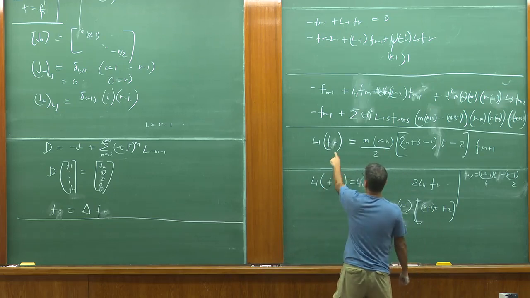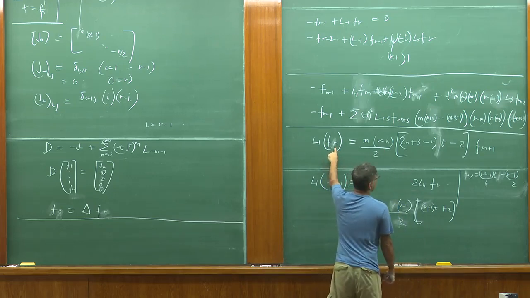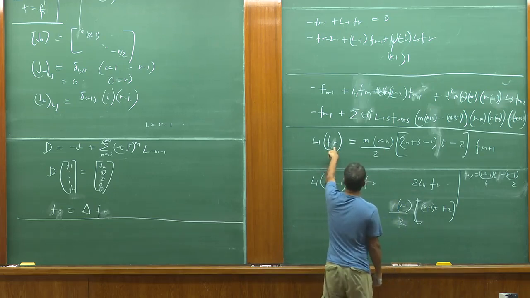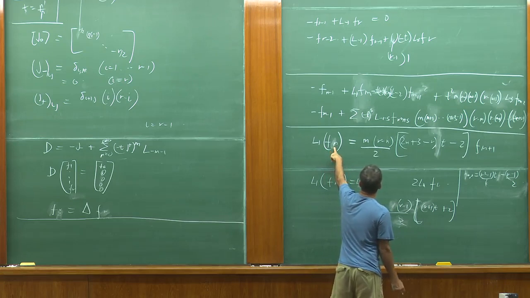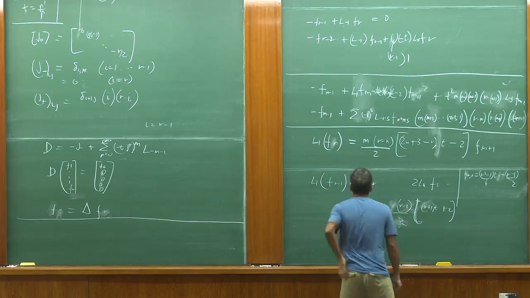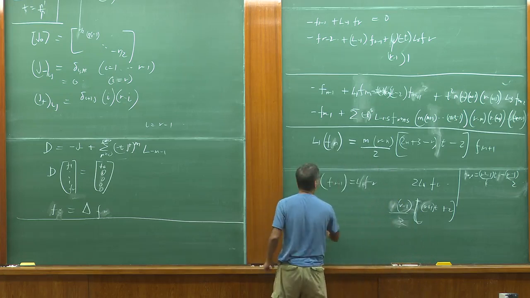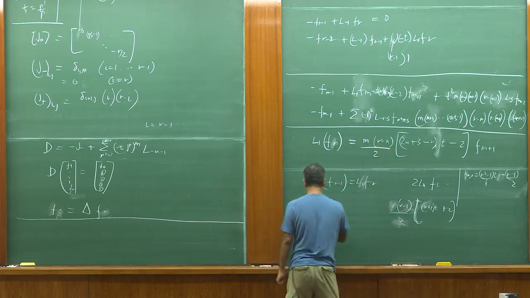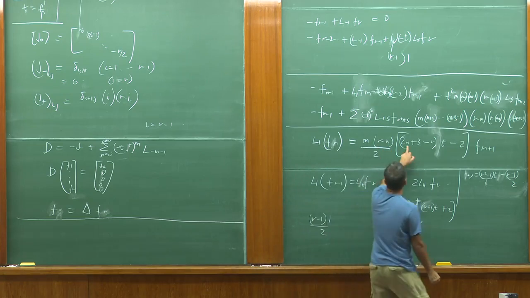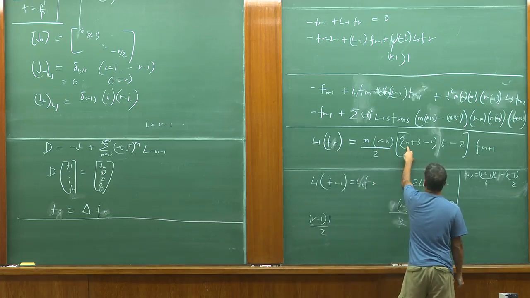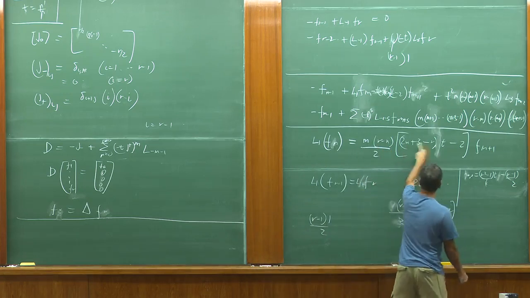Here we wanted to put m equal to r minus 1. So we get this factor of (r minus 1) times 1 by 2. Now, this works?